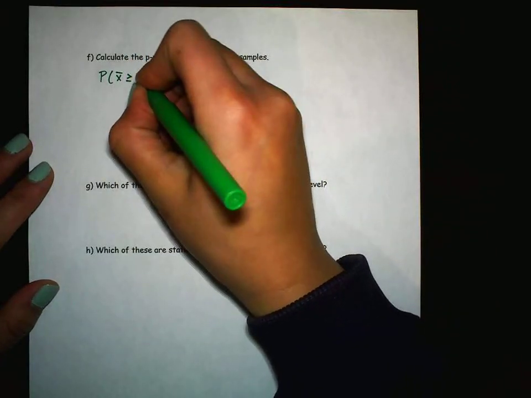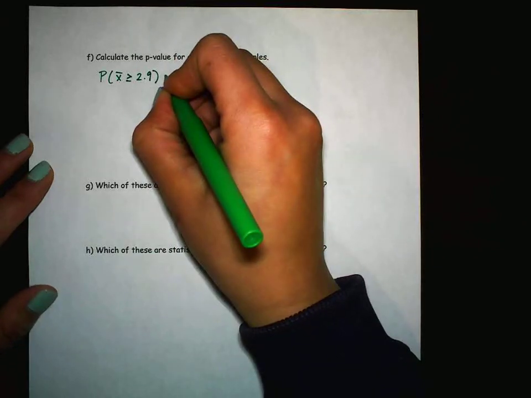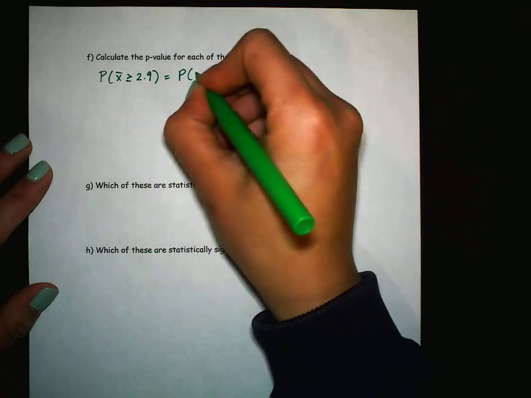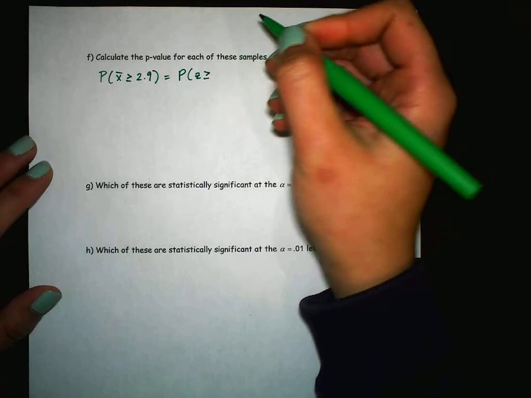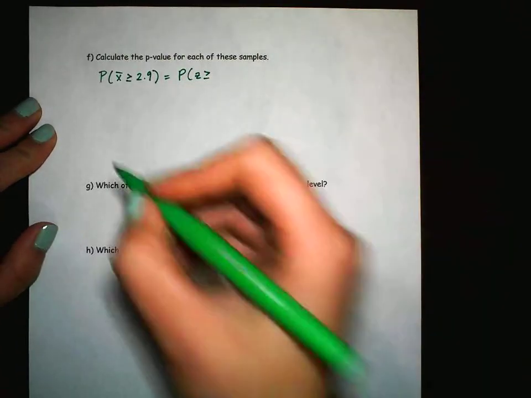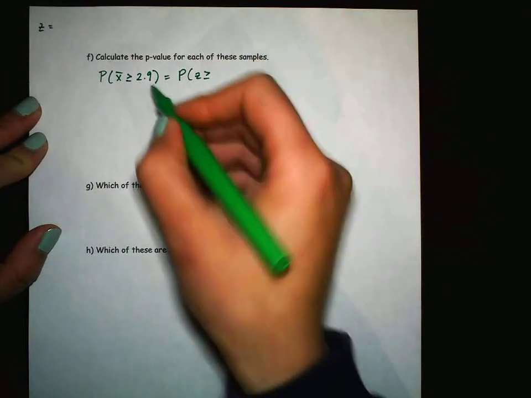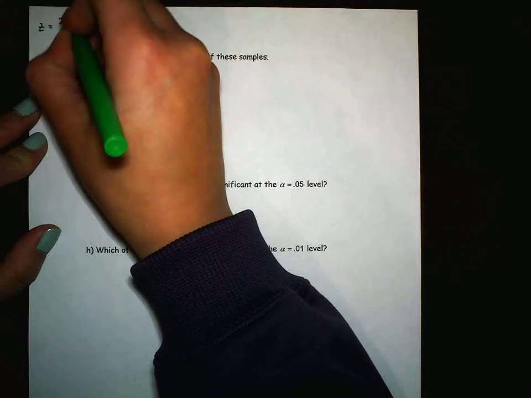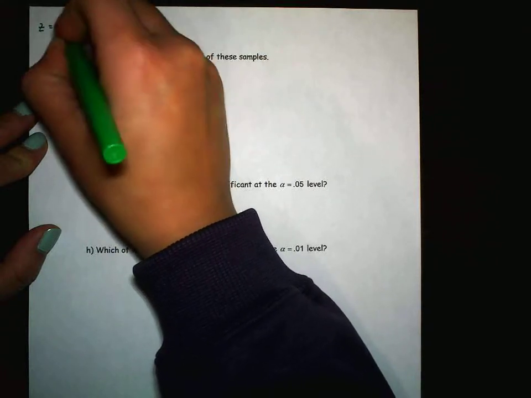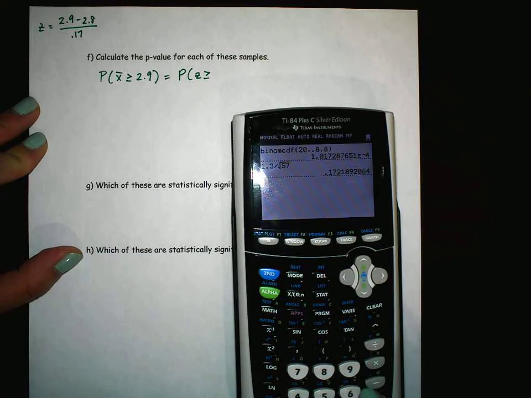Greater than or equal to 2.9. Okay, so what we have to do is figure out what the z-score is. I'm going to go ahead and do this off to the side over here. Z is equal to 2.9 minus 2.8 over standard deviation of 0.17. And this is all sampling distribution.